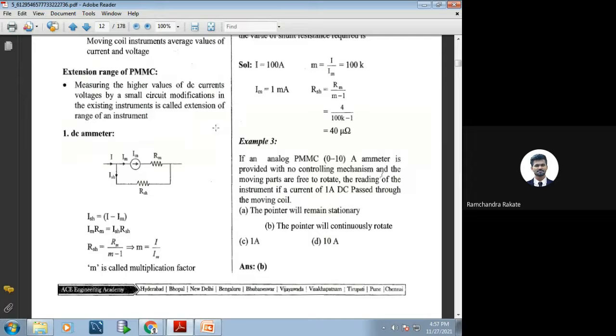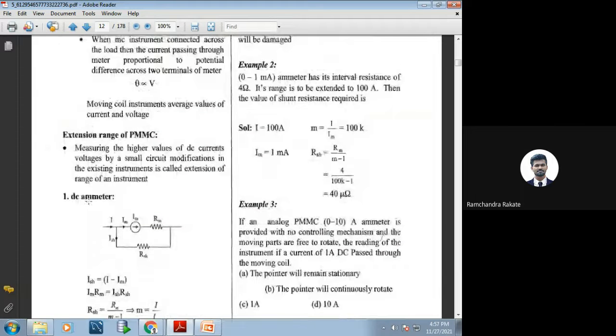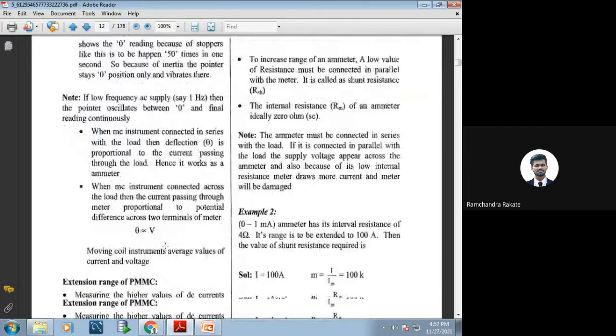So what they are saying for the range extension of a DC ammeter: first look at the structure, then we'll move to the actual one.